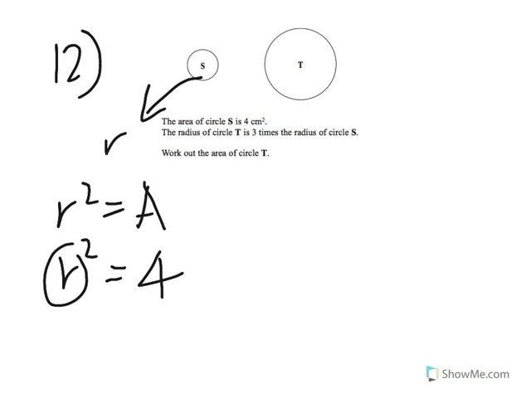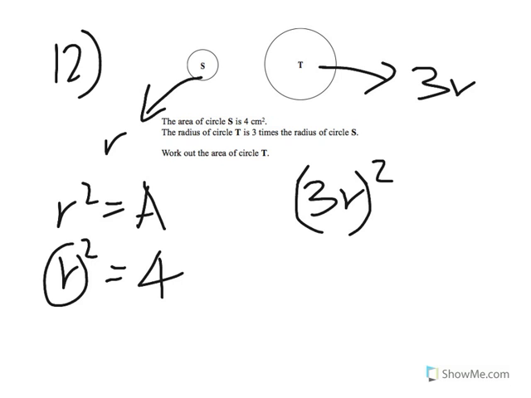Now, the radius of circle T is 3 times the radius of circle S, meaning the radius of this is 3r. Now to find the area, all we do is 3r squared, because 3r is the length. If you simplify this, it becomes 9r squared.